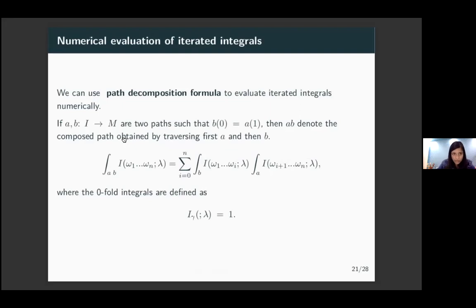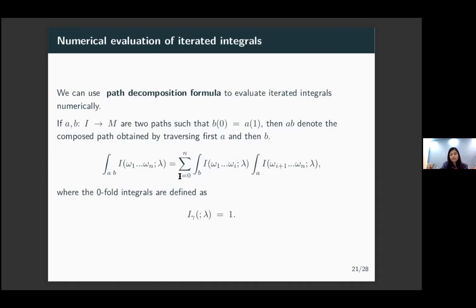So what is the formula? If I have two paths A and B, such that the ending point of A is the starting point of B, then AB denotes the composed path obtained by first going along A and then B, and then you can write the final result like this.